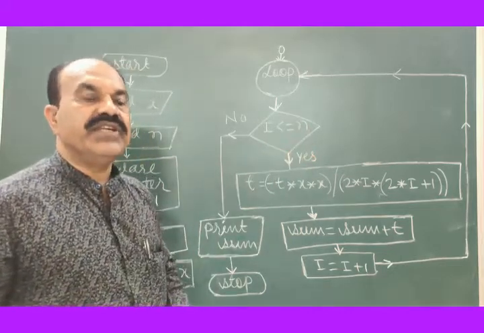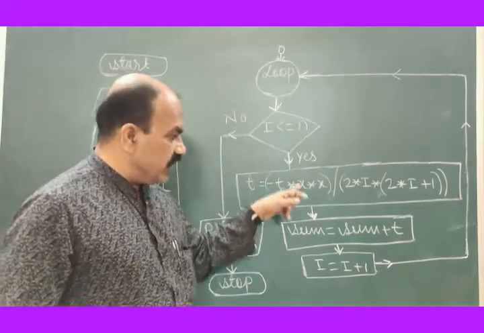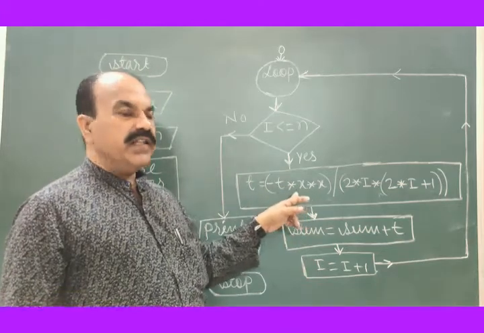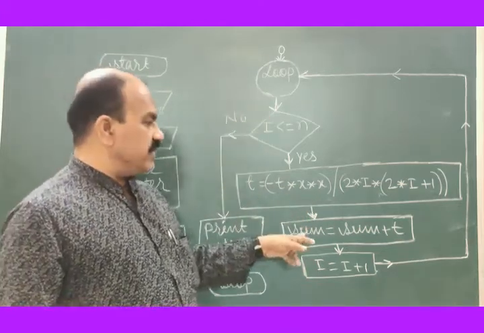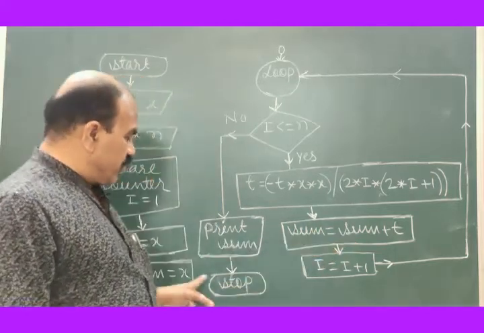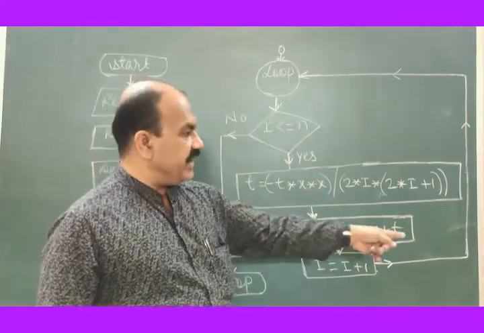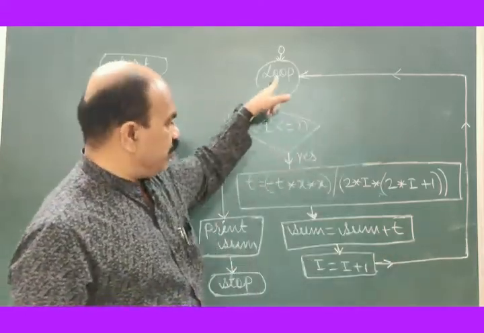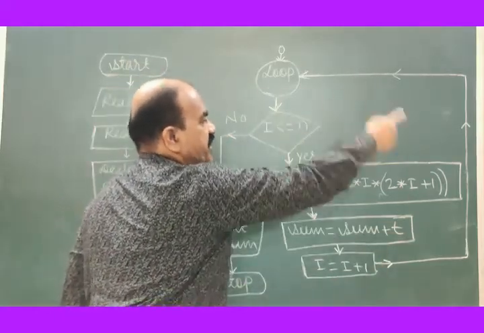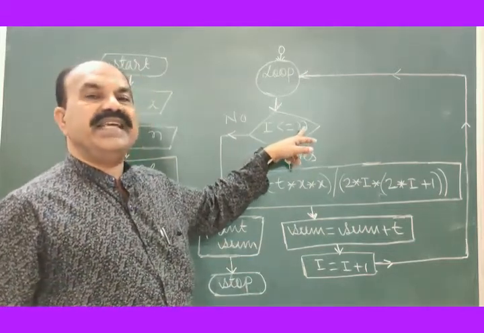If answer is yes, I is smaller than or equal to n, all these things will be done. Using this formula, the value of second term is found. New sum will be equal to old sum plus t. Next term, I incremented, send to loop. This action is continued till I becomes greater than n.